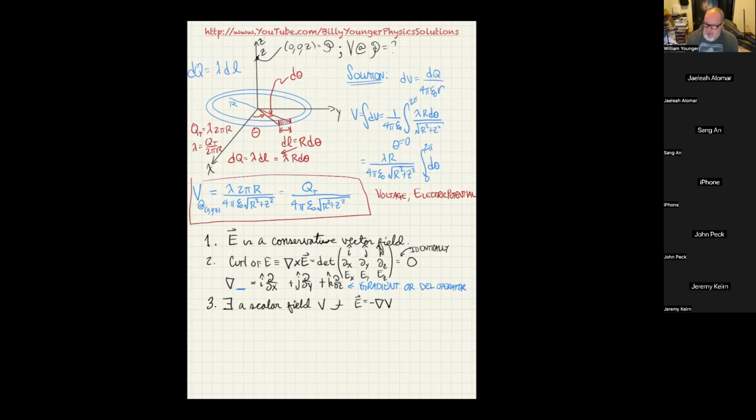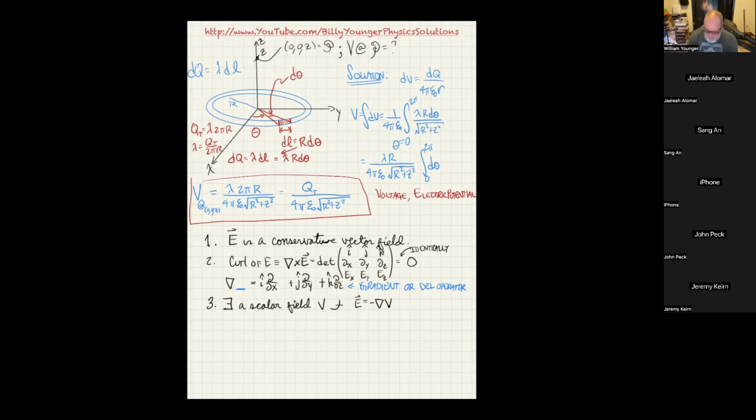But that's all because the E, or in the case of the gravitational force, the force F, is conservative. Okay. So this is what's necessary. If you have a conservative field, and that means the curl is 0, then there exists a scalar field that you can use to represent the force field, and it allows you to bypass vectors.